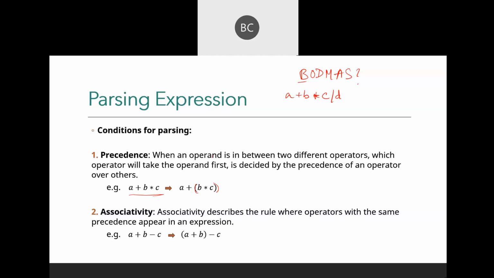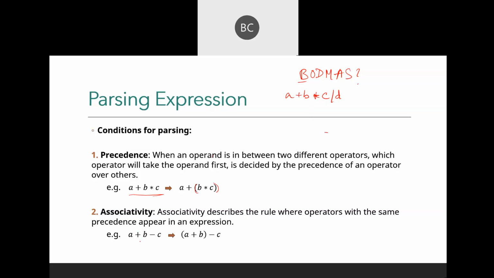Another thing we have is associativity. Associativity basically describes what happens when, in expressions, we have a similar kind of precedence. In expression evaluation, we have almost similar precedence for multiplication and division, and plus and minus.